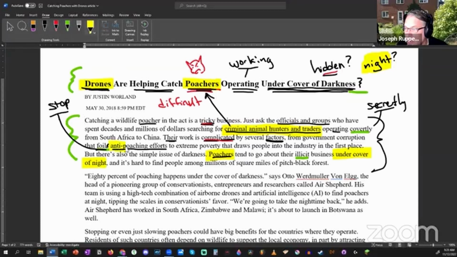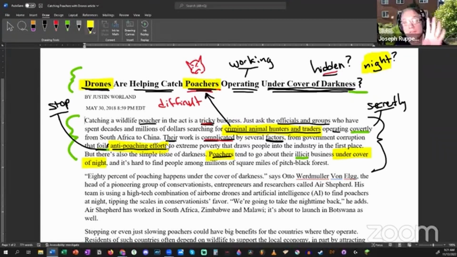So this is against. So things are stopping them from stopping the poachers. Does that make sense? There are factors that are stopping them from stopping the poachers. That's the idea.